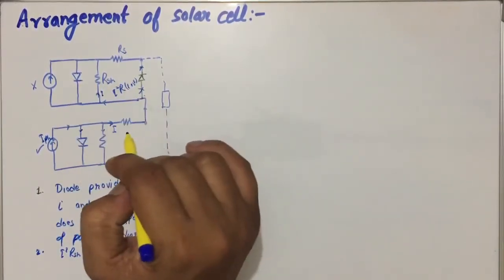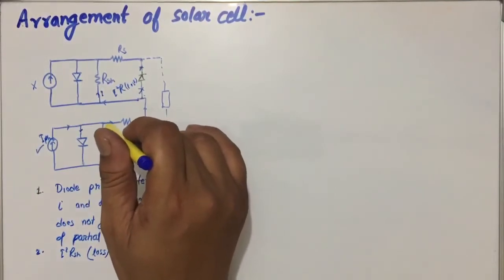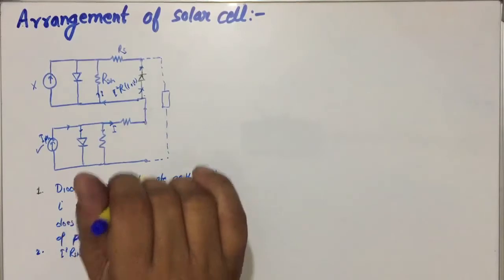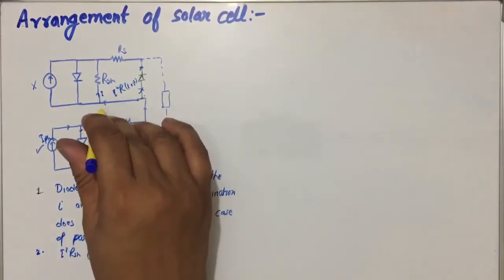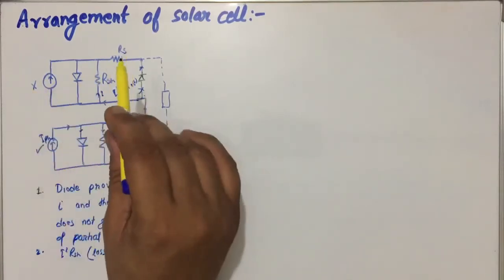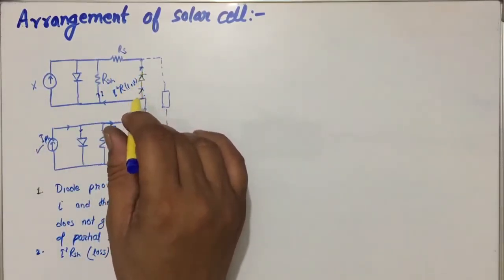So overall the characteristics of this cell will be deteriorated due to the hot spot formation, due to the current that doesn't have any alternate path during the partial shading. So this diode has an important role for that.